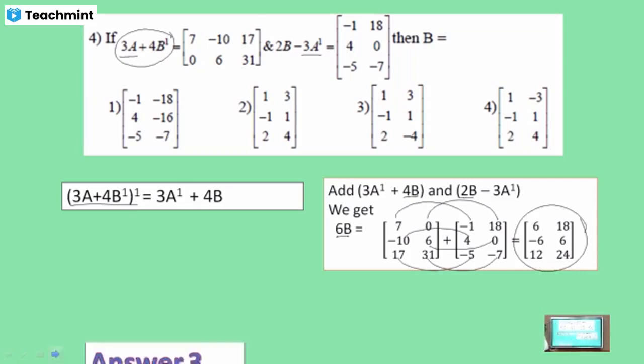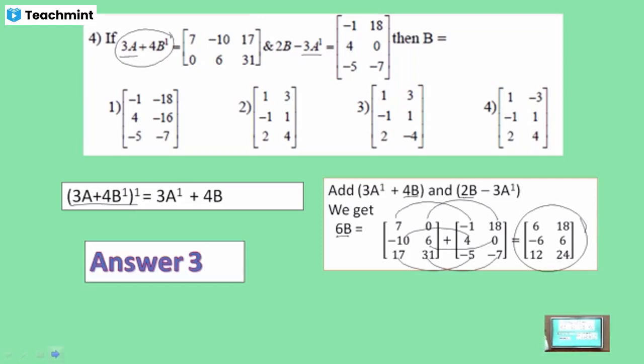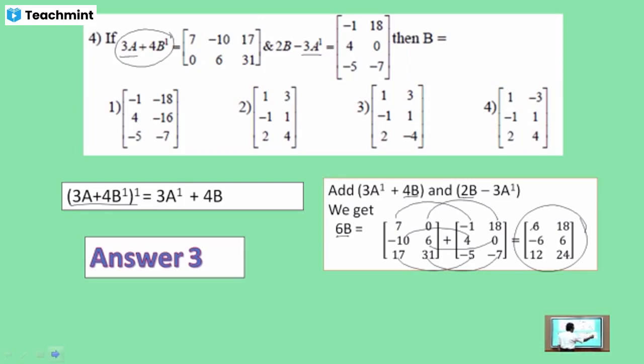What I want is B, so divide each element by 6. The first column becomes 1, -1, 2. Correct? So the option is the third one.